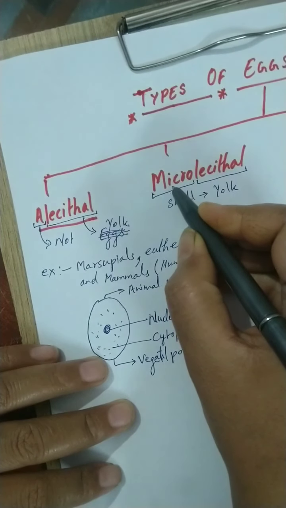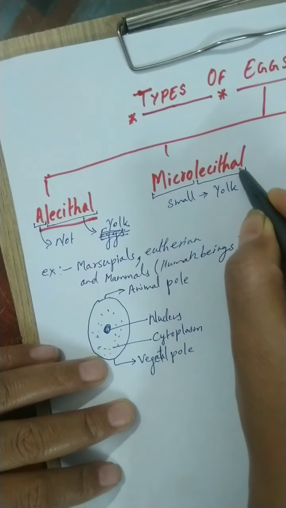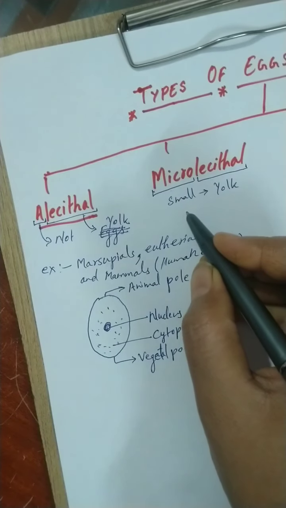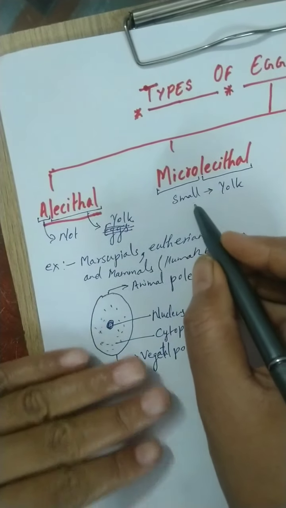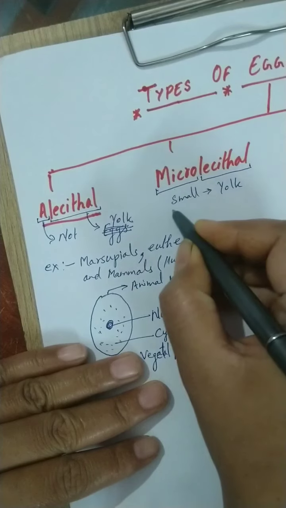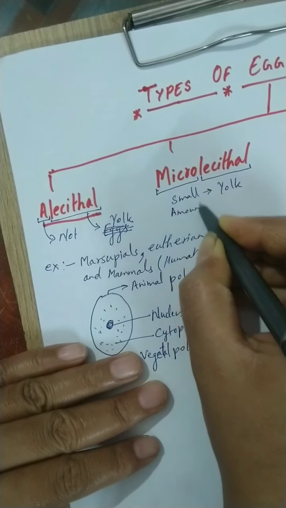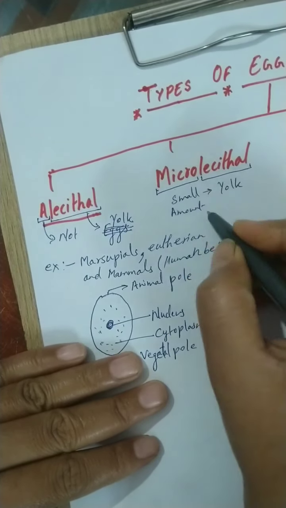This is the microlecithal type of egg. A small amount of yolk is present in this type of egg.